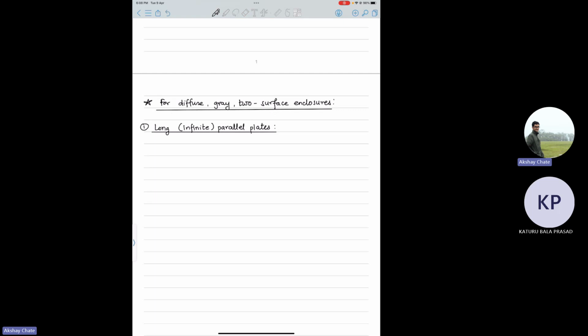Typically you'll have one plate like this and another plate like this. So we denote them by numbers 1 and 2. Maybe I'll use the alphabet A for this, otherwise some may get confused. So plate 1 will have area A1, emissivity epsilon 1, and temperature T1. And the second plate will also have similar properties which are relevant for radiation heat transfer.